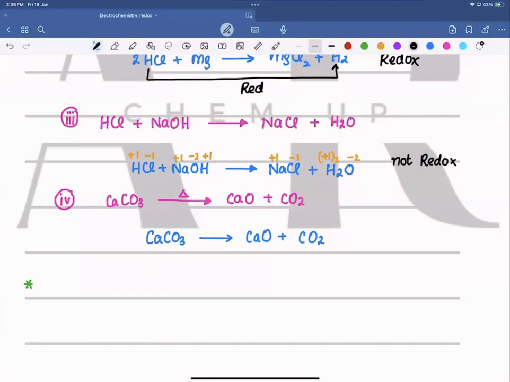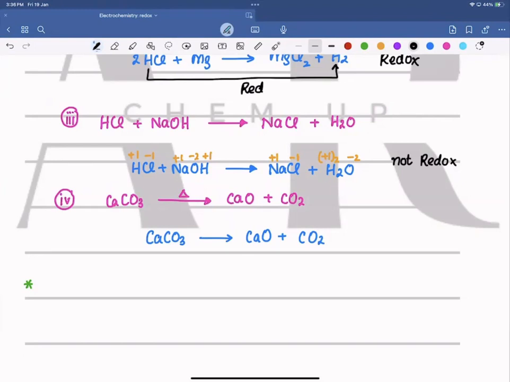Sir, CO2 has -2 charge, right? Oxygen has -2 in CO2, and there are 2 oxygens. Okay, fine. Sir, we won't take Ca before hydrogen or oxygen, right?